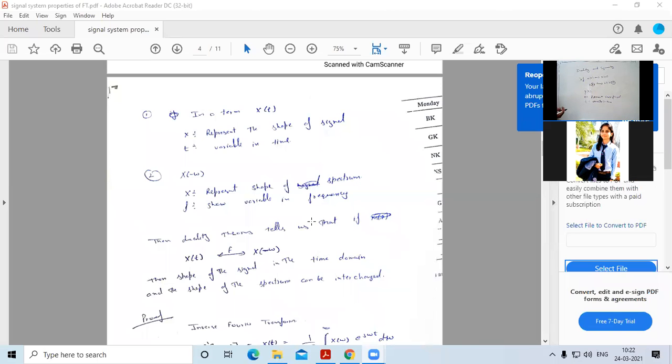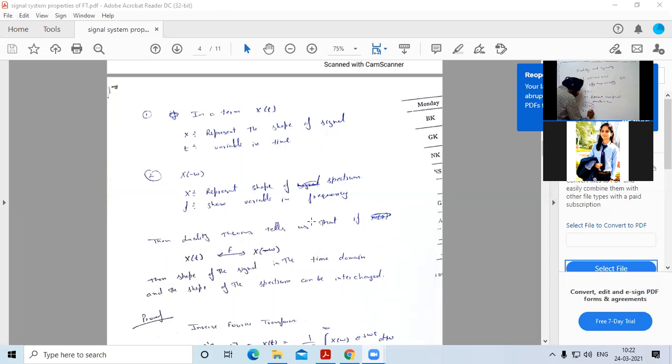Similarly, if I am talking about X(omega), what does X represent? Like here I will write down X(omega). X is representing the shape of the spectrum basically. This is the frequency signal.